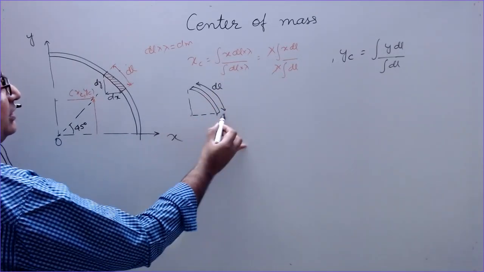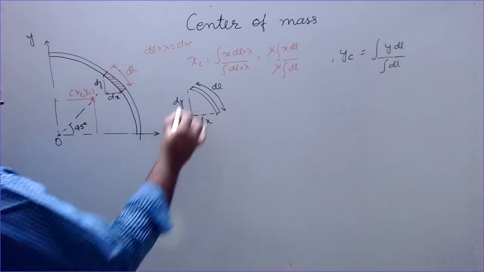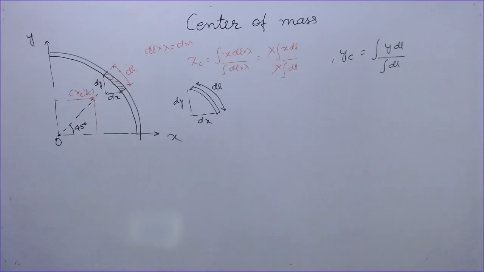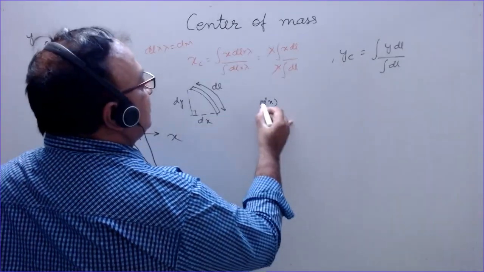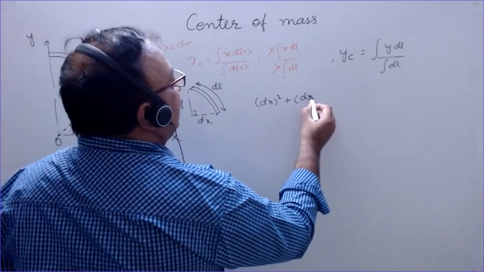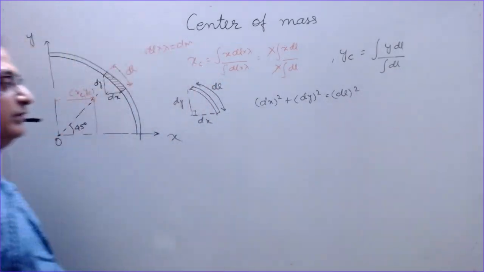So this is the x-axis, this distance is dx, this is the y-axis, along this it is dy. This is the point where the center of mass of this small element is located. This is a right angle, so dx whole square plus dy whole square equals dl whole square.